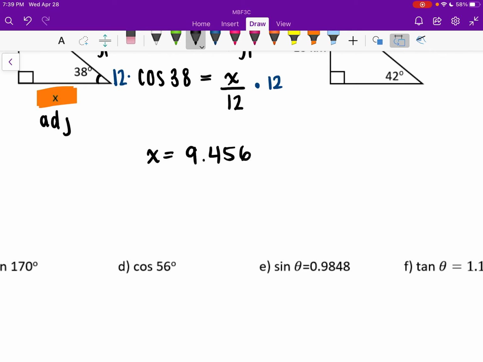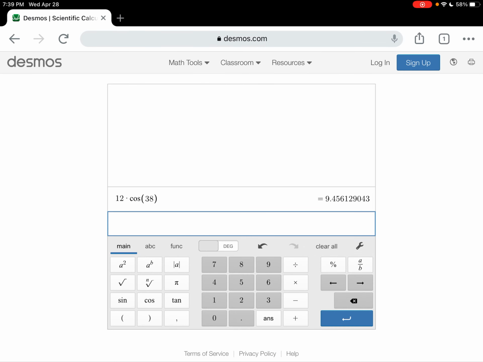And it's important, if you didn't get that number, it's probably because your calculator is not in degrees. So make sure that it's in degrees. And if you're like, I don't know what that means, basically if you reset your calculator, it will show up in degrees. But at the top of your calculator, there should be an option that says DEG. So if you change it to radians, you'll notice that it actually changes. For the purposes of this course, you want everything in degrees, not radians. Okay?